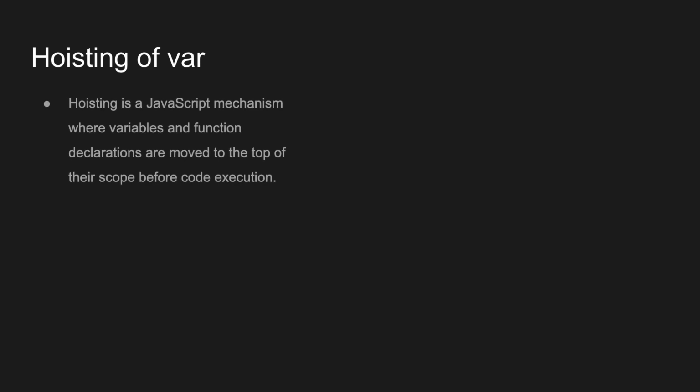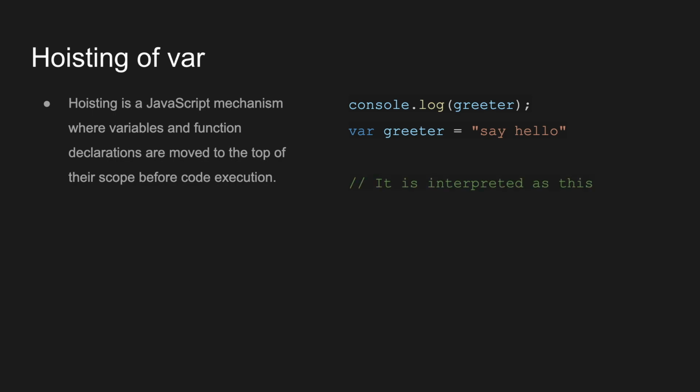Now, hoisting of var. Hoisting is a JavaScript mechanism where variables and function declarations are moved to the top of their scope before code execution. What this means is that if we do this, then it is interpreted as the variable first becoming initialized, and if we log greeter, then it logs undefined.